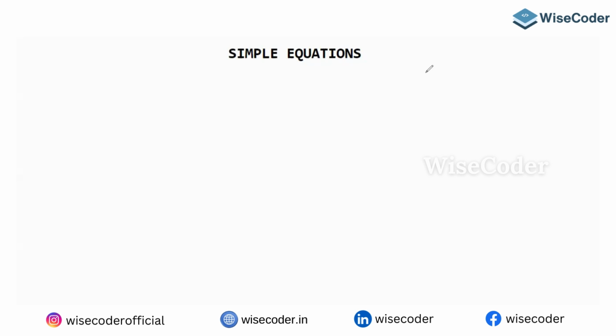If 36 is subtracted from that number, the digits get reversed. Find the number.